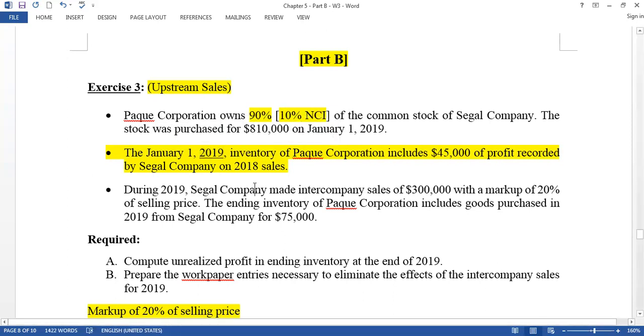Whatever the 2018 ending inventory is, that is the 2019 beginning inventory, right? So $45,000 of inventory is included in 2019, and it came from 2018.